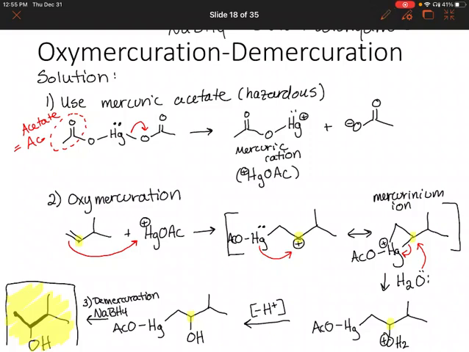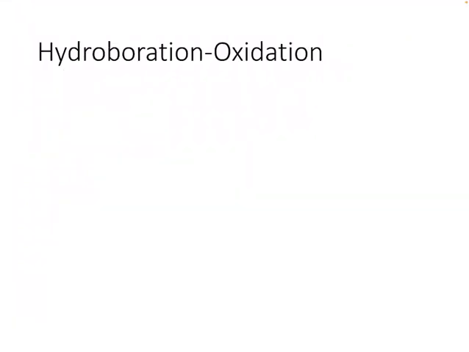So now let's talk about our next mechanism, which is hydroboration oxidation. Okay. So in hydroboration oxidation, this is going to allow us to achieve an anti-Markovnikov addition of water across a double bond.